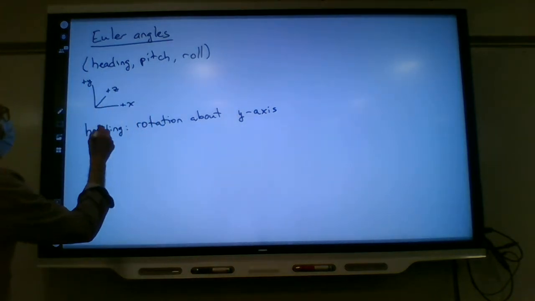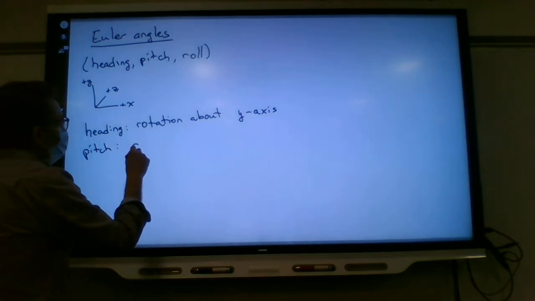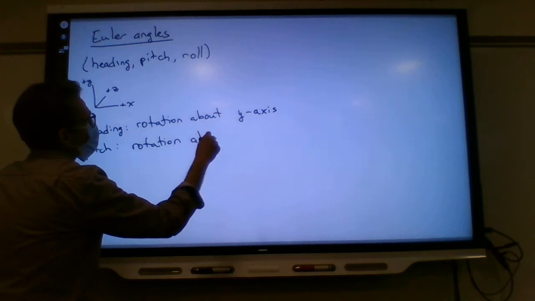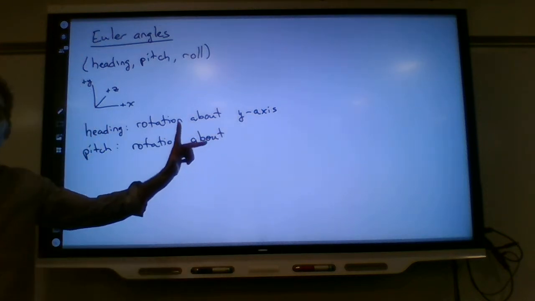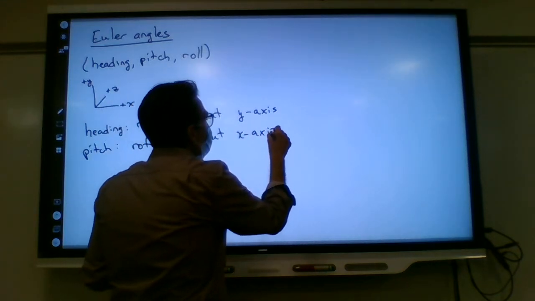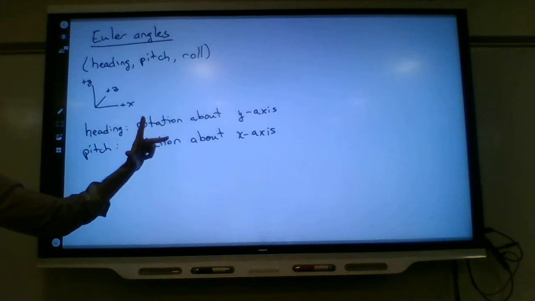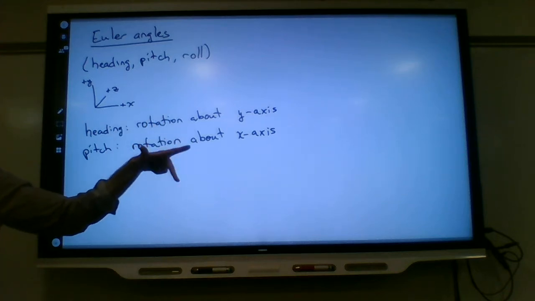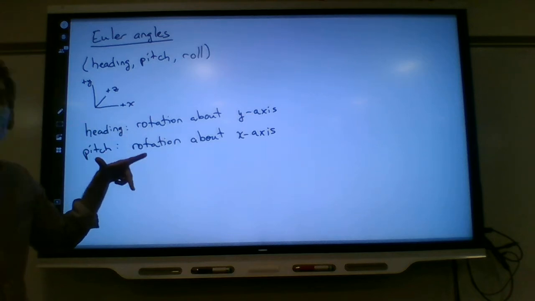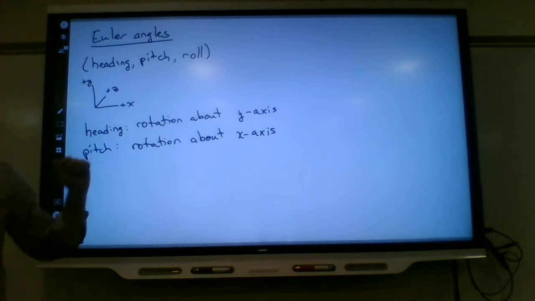All right. What about pitch? Pitch is rotation about the x-axis. Which of those is positive? Down is positive in that case, right? So looking at it from this direction, again, that looks like clockwise.